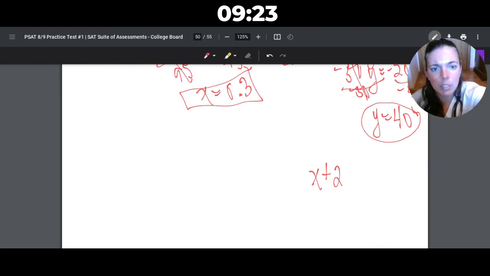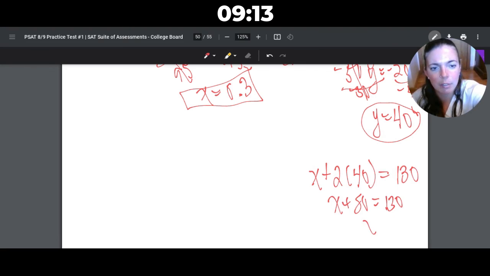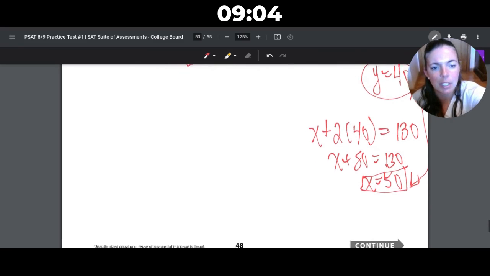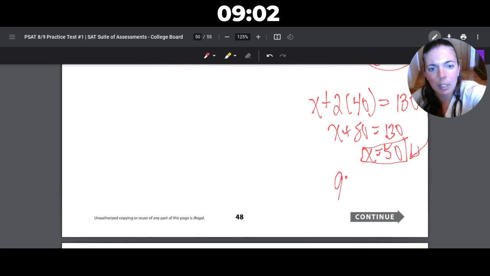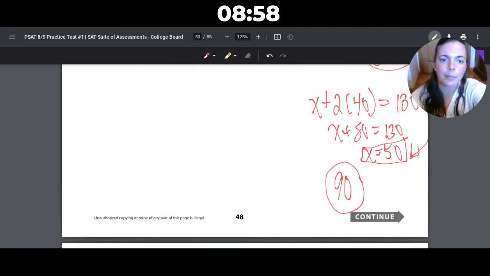So x plus 2 times 40, because we now know there are 40 that were sold, will equal the 130 people that were there. X plus 80 equals 130, and subtract 80 from both sides. So x equals 50. So now I'm going to combine 40 and 50, the 2 different tickets that were sold, and you should get 90 total tickets.